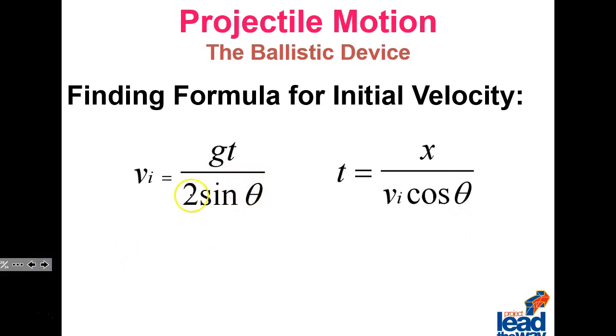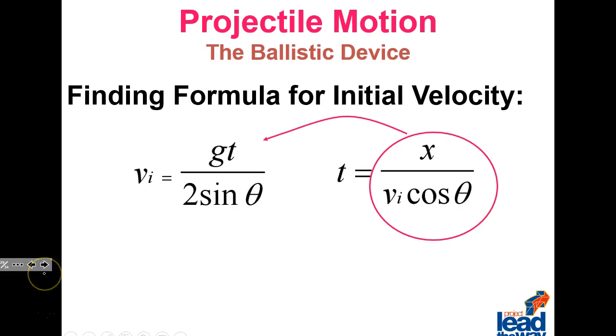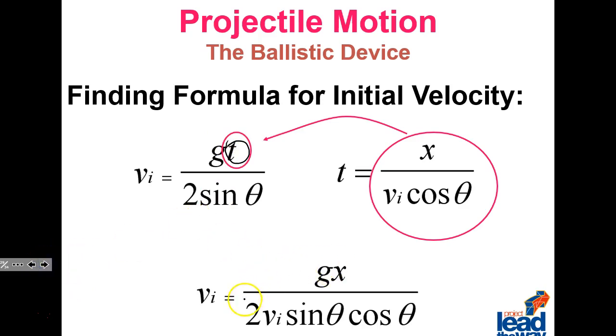We can take the equation vi equals gt over 2 sine theta and substitute that in for t. The end result is that vi equals g times x, where x is the range, divided by 2 times vi times sine theta times cosine theta.